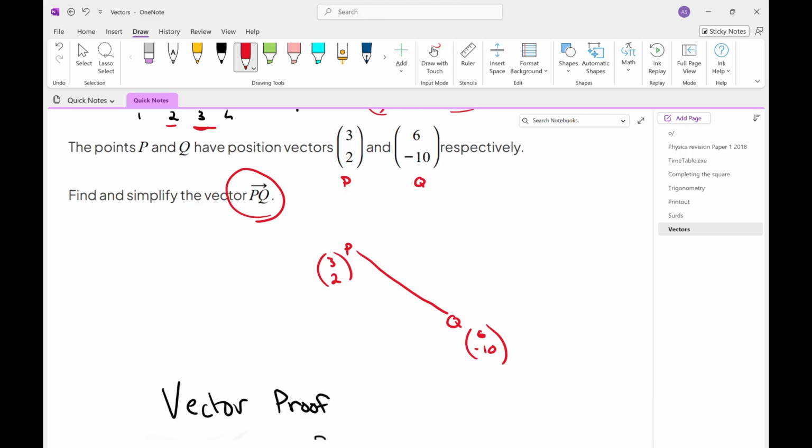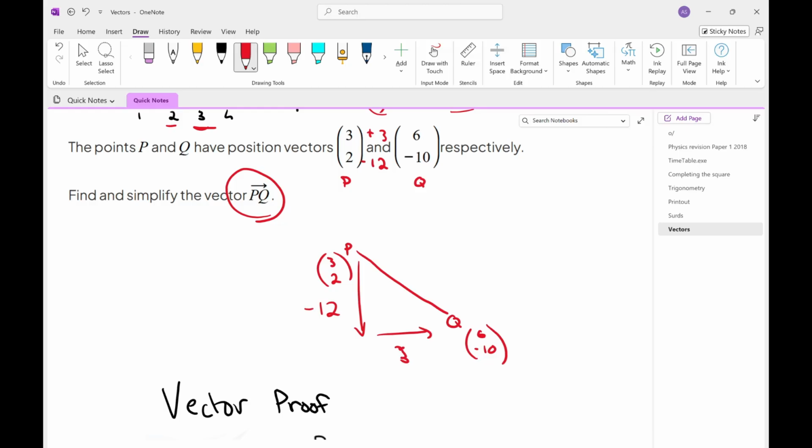What do we need to do in order to get from P to Q? Well, simply, you're going to find the difference in between. So what's the difference between 3 and 6? We're going to add 3. What's the difference between 2 and minus 10? We're taking away 12, because we're going down 12. We're going down 12 here, and we're going to the right by 3.